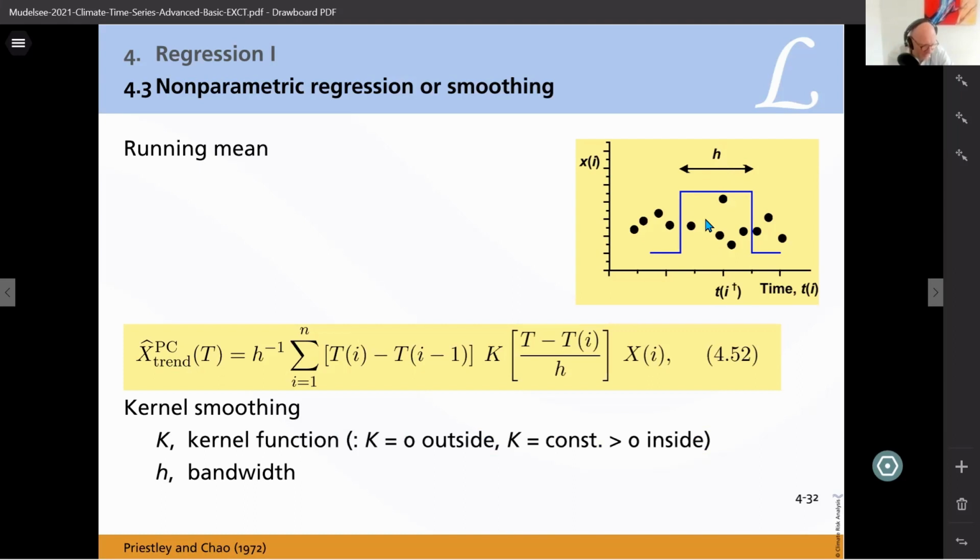Then we would have few points inside. That means the estimate based on the number inside would have a pretty large statistical error, or larger variance. On the other hand, such a small window is able to trace the shorter term variations, okay?